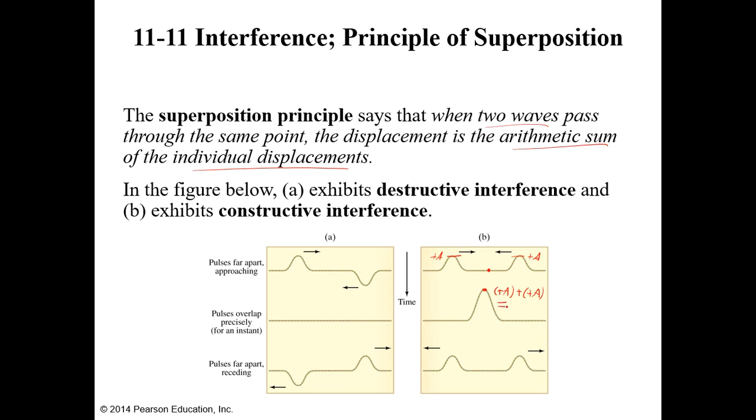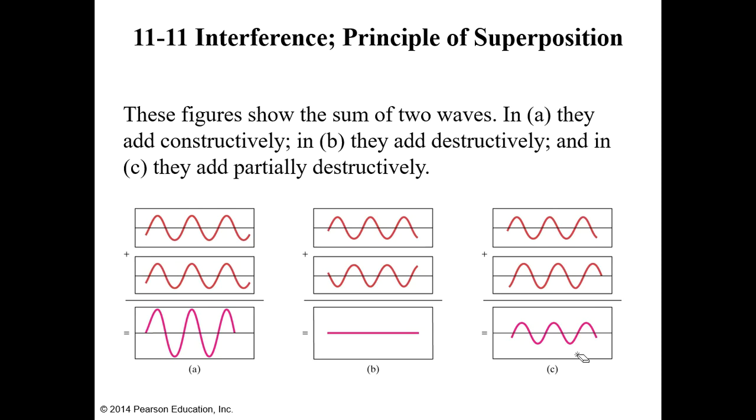So that means that my total amplitude is positive 2A. But then as soon as they hit that point, the waves keep moving on and they move away from each other. So that is the superposition principle.